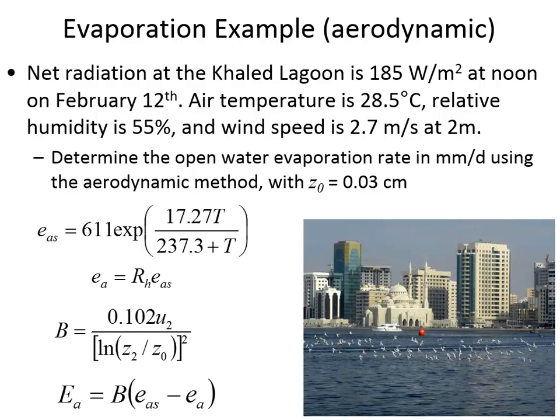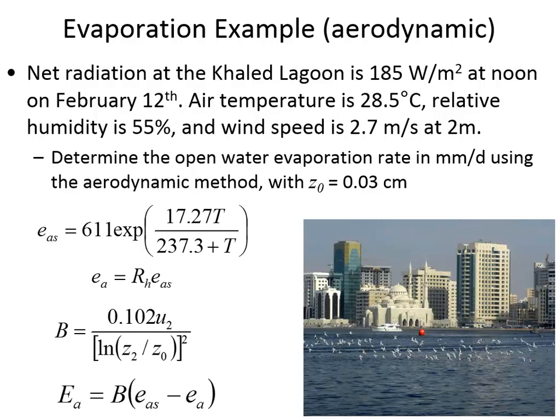So it's the same problem description here. We have this lagoon near Dubai, and we have the same radiation. In this case, it's the radiation that we're not going to use in the calculations, because the aerodynamic method assumes we've got plenty of radiation, but what really counts is how quickly you can move the moisture away from the water surface. But in this case, we are going to start using, for example, the relative humidity of the air.